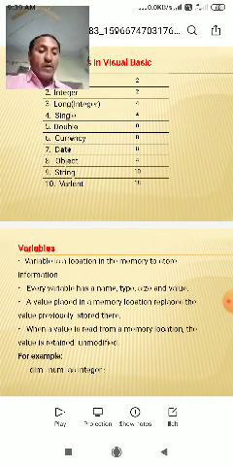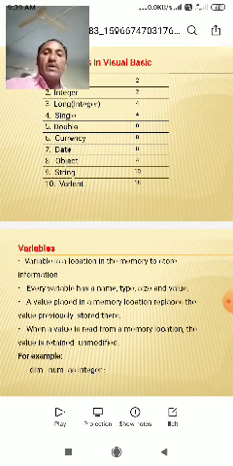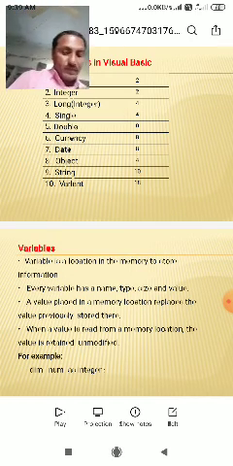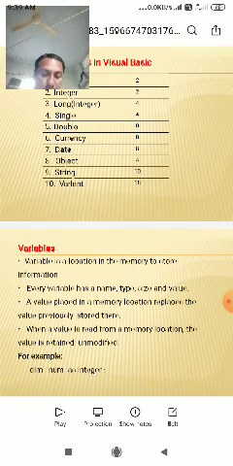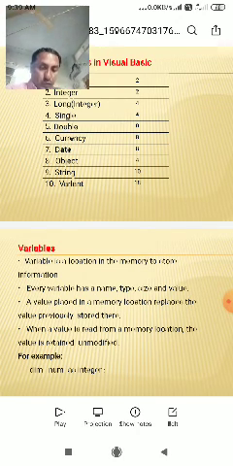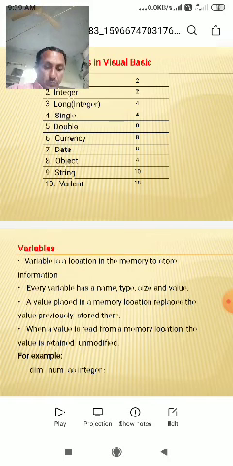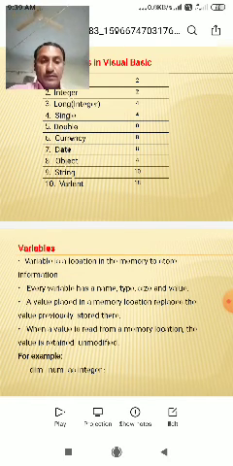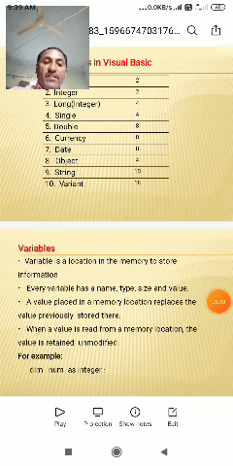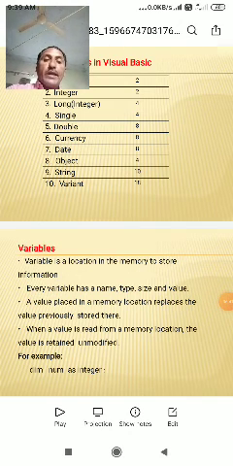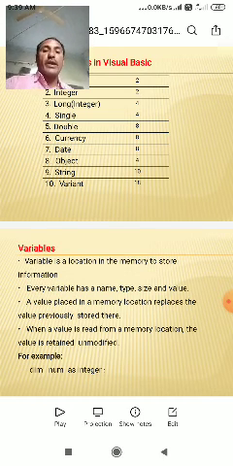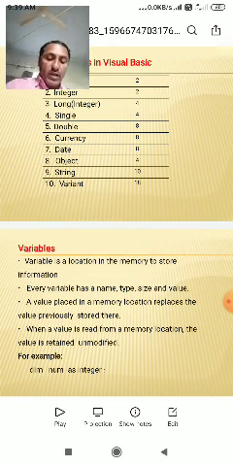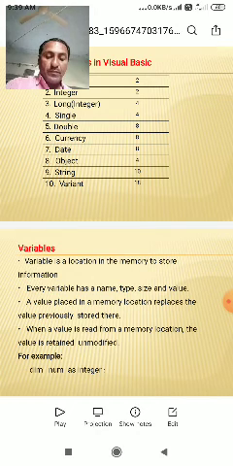This is one data type. And currency. The currency value takes 8 bytes of data, and the normal storage allocation is 8 bytes.